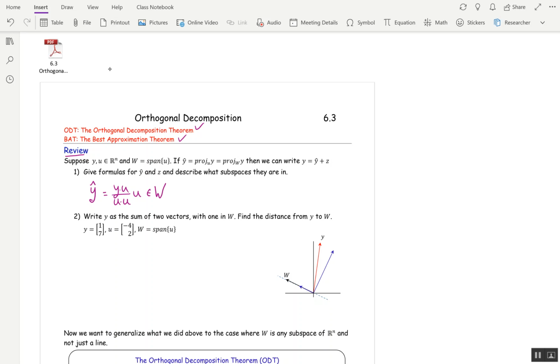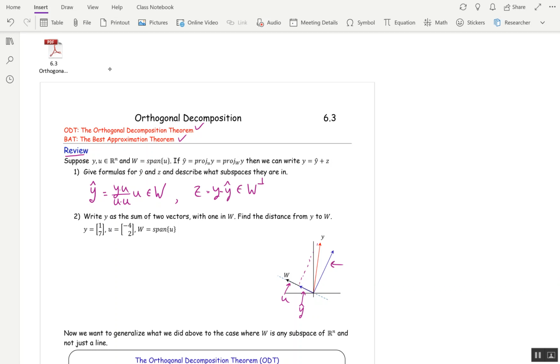And so if this is the vector u here, W is the space spanned by u, so that W is that whole line, and the projection of y onto W is y hat. And the other vector z, the formula for that is y minus y hat, and that lives in W perp.